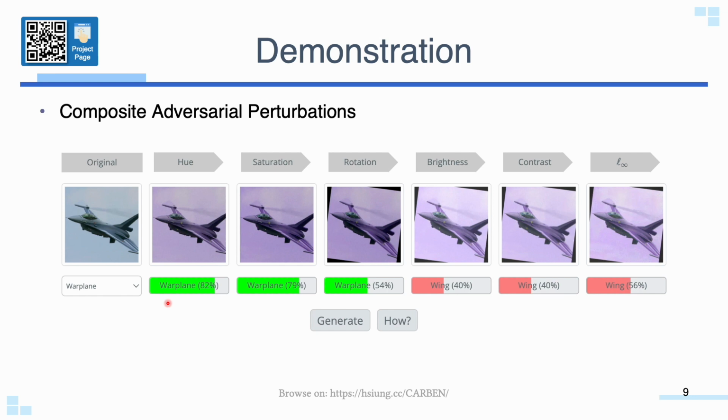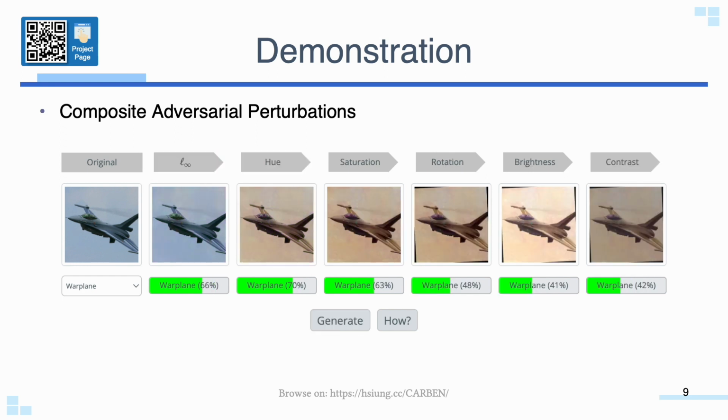And the top one confidence score of each image is also shown below it. We could see that the attack order matters, because if we move the L-infinity perturbation to the first place, then this model would not be easily fooled. This also demonstrates that finding the attack order is important in generating composite perturbations.